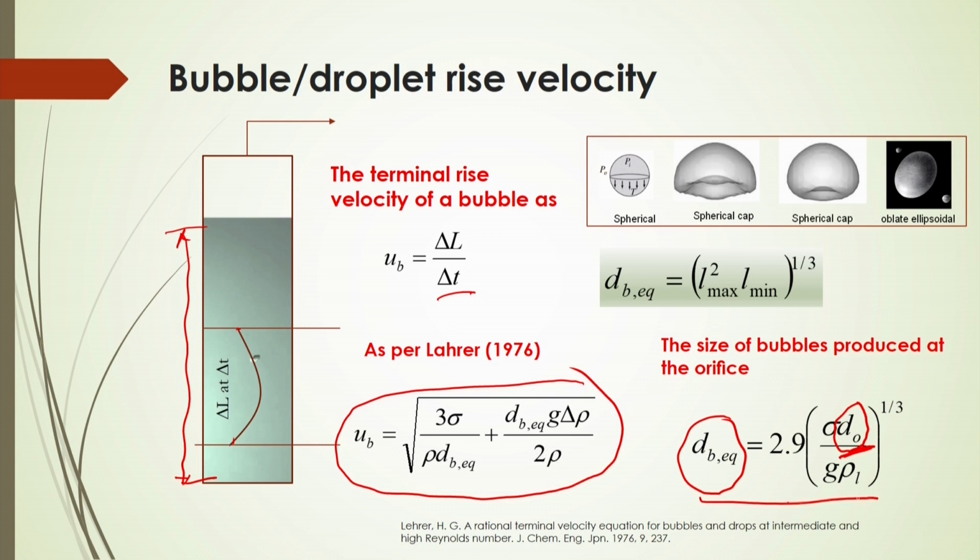This is the formula that you can directly use to calculate the equivalent diameter. If you substitute this equivalent diameter in this equation, along with the surface tension and density of the system, then you will easily be able to calculate the bubble rise velocity and also the residence time distribution.